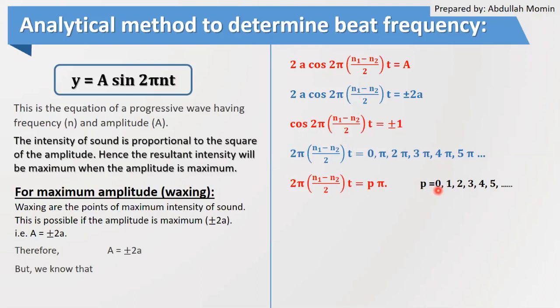That means when you put 0 instead of p, you will get 0. If we put p equal to 1, we will get π. If we put p equal to 2, that means 2π, and we will get this series. So this is the general equation we are writing.